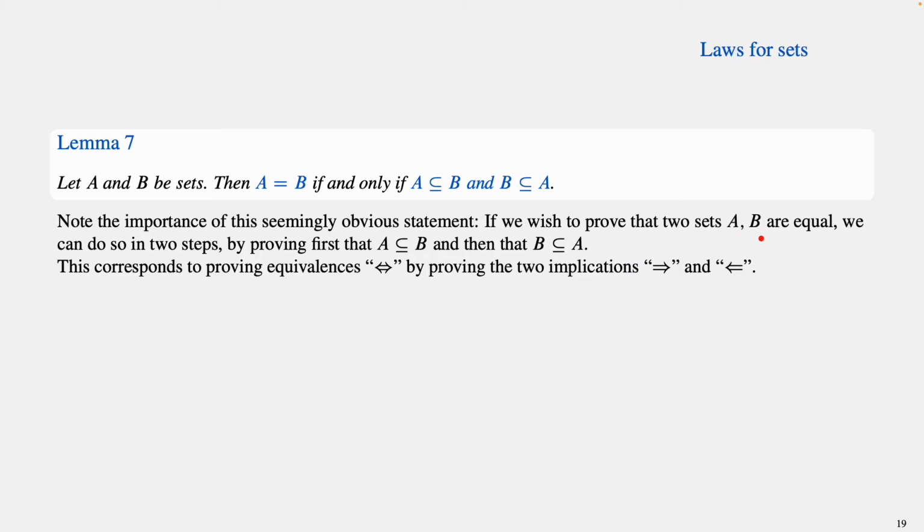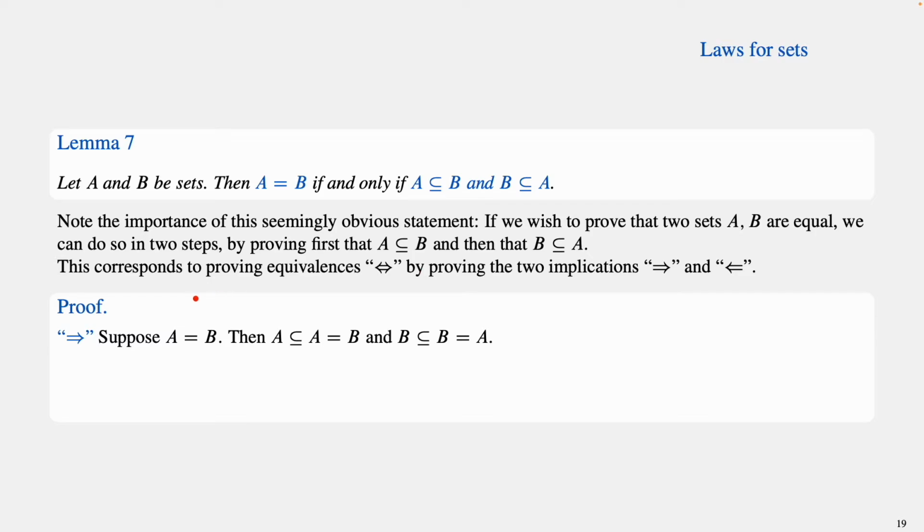If we wish to prove that A and B are equal, so we want to prove this, then we can split this into 2 steps by first proving A is a subset of B and then proving that B is a subset of A. So this is similar to what we did for proving equivalences, where we could split it into proving the 2 implications that the left-hand side implies the right-hand side, and that the right-hand side implies the left-hand side. And it's completely analogous to that with these sets.